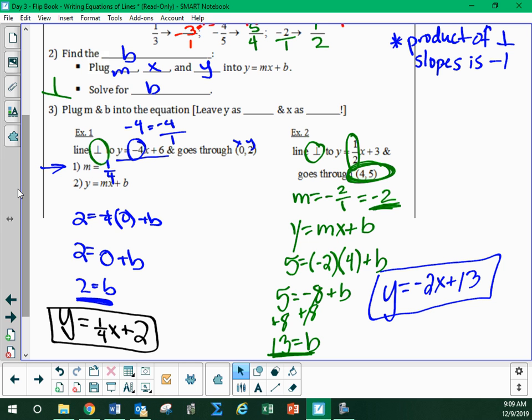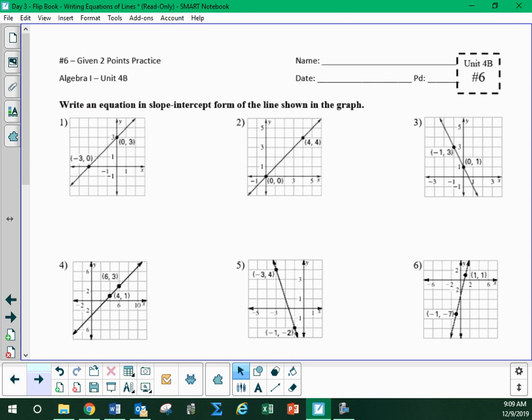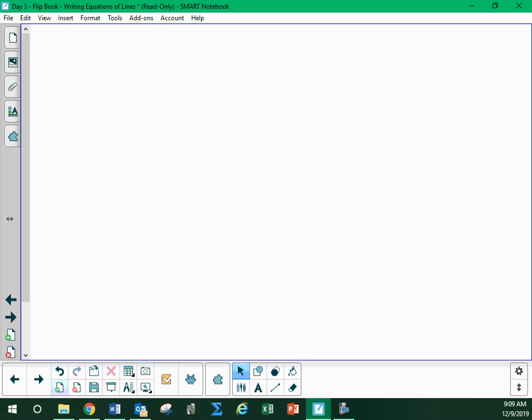So it all comes back to the same process. For all of our notes, we have to find the slope. Actually, let me just write that up here. We have to find our slope. You might have to count this from the graph. You might have to find it from your parallel. You might have to find it from your perpendicular, or you might have to use your slope equation.